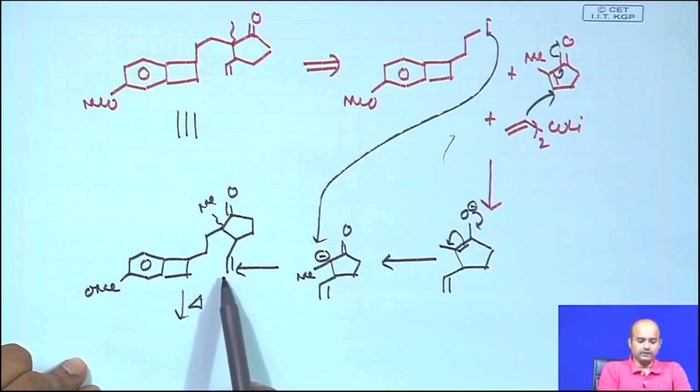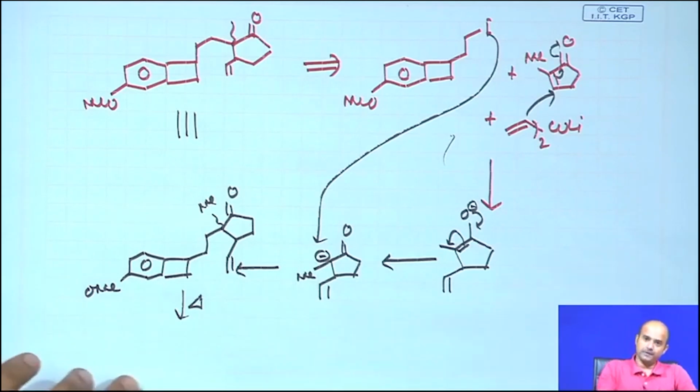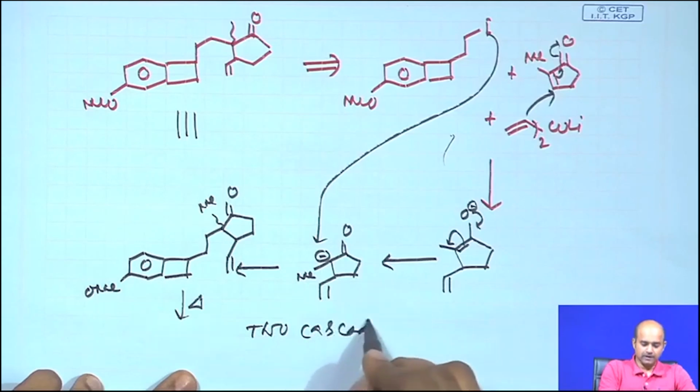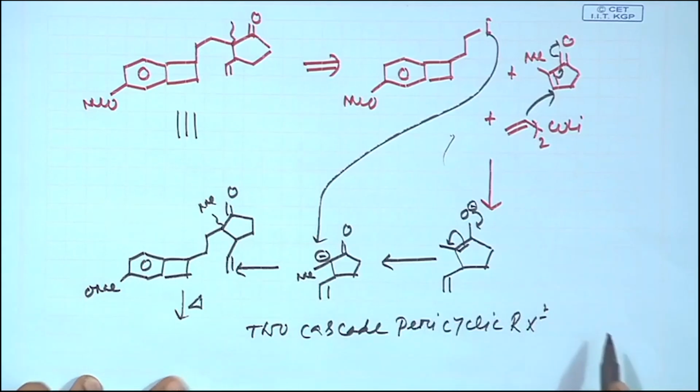Now, once you are here, then your 2 cascade pericyclic reactions, 2 cascade meaning one after another. As I said, pericyclic reactions we are not discussing in detail here.